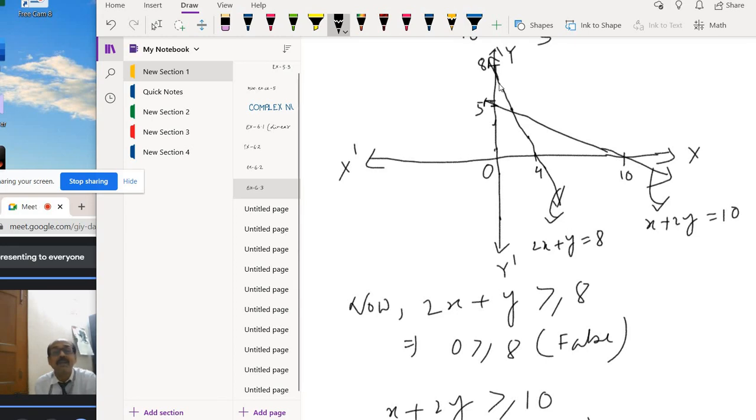Okay, this is the line, and another line also.